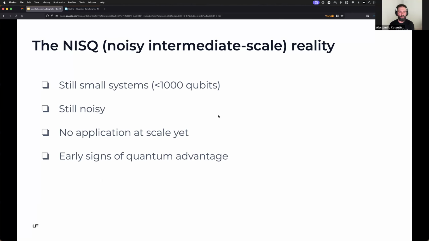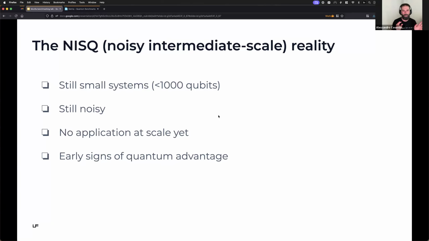So the place where we are right now, in 2026, we still have quite small systems. I was generous here to use the 1,000 number, but we are more around between the tens and the hundreds of qubits. For those who are not familiar with quantum computers at all, I'm not talking about the size of a register here.